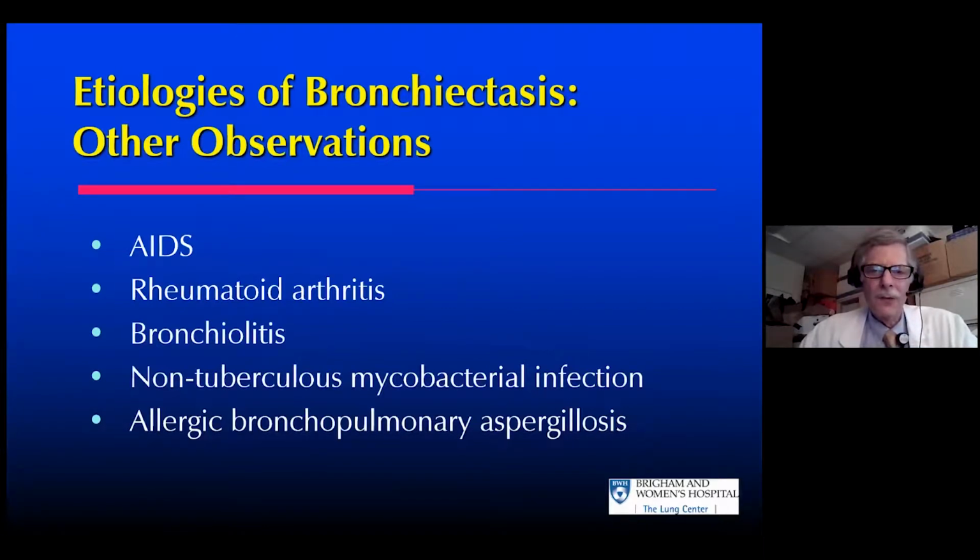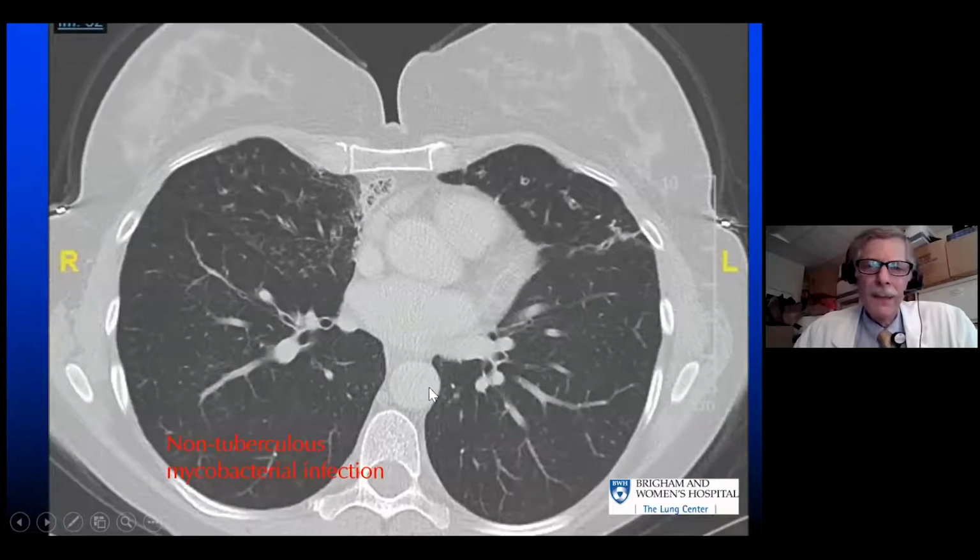Let's just look at the two images of, first, non-tuberculous mycobacterial infection bronchiectasis. Typically, middle lobe and lingula would be very common, dilated small airways, and tree-in-bud nodules, little tiny nodules surrounding small peripheral vessels.